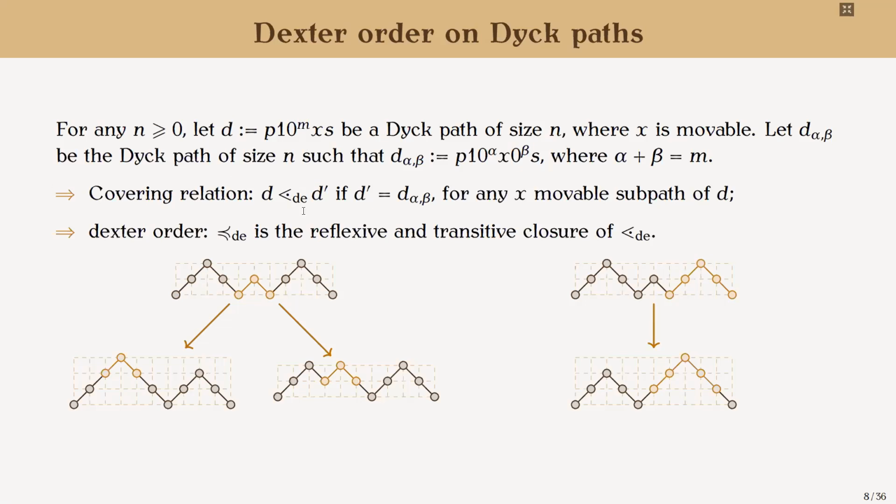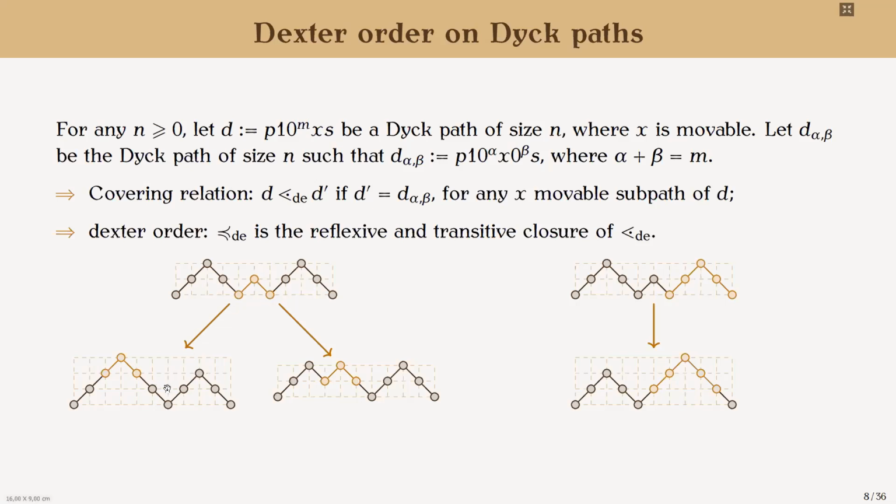And this covering relation is simply that when we take a Dyck path with a movable subpath X, you can move this X, for instance, for this one, you can move this subpath here, sorry.